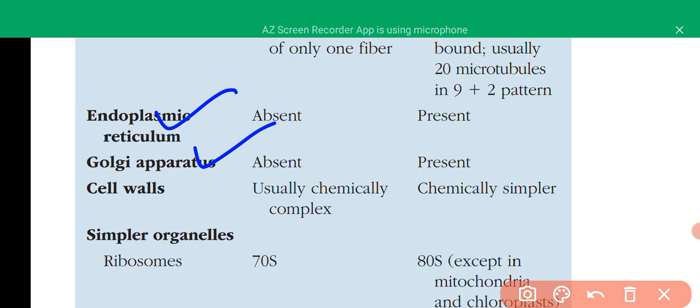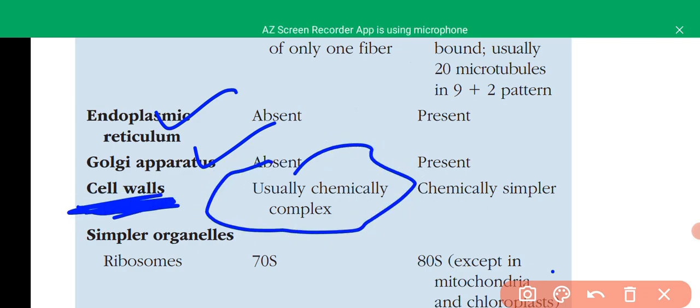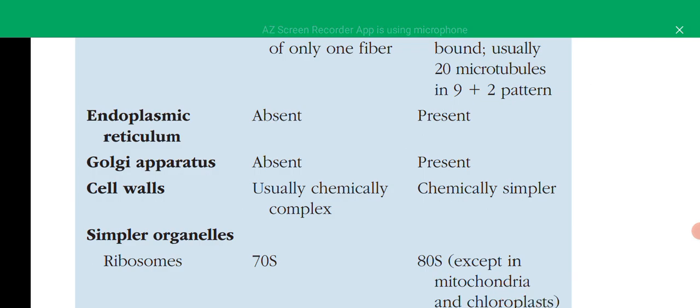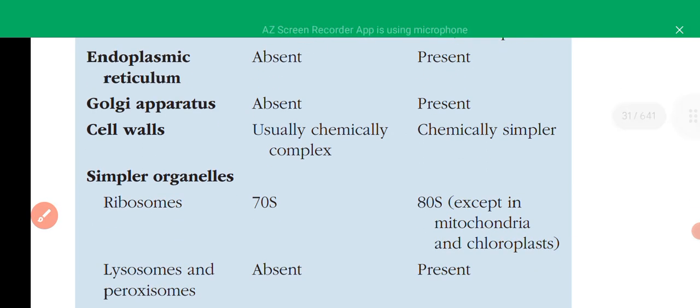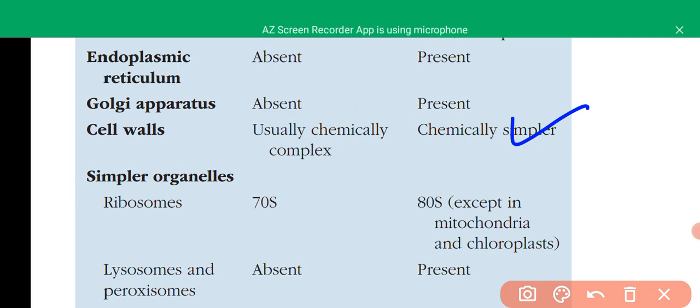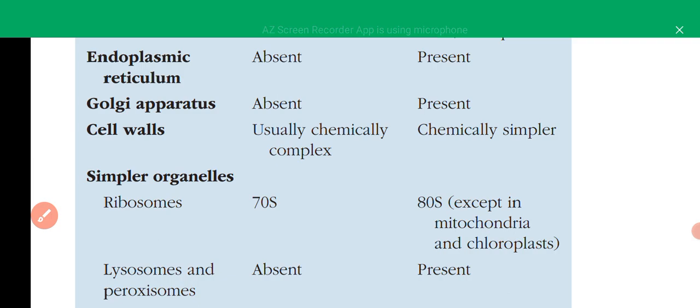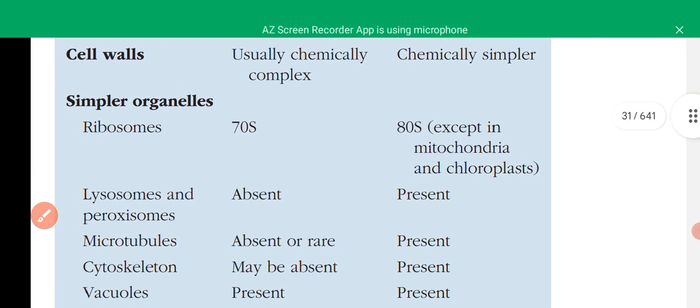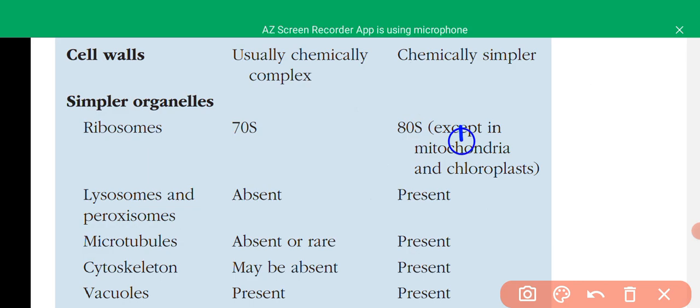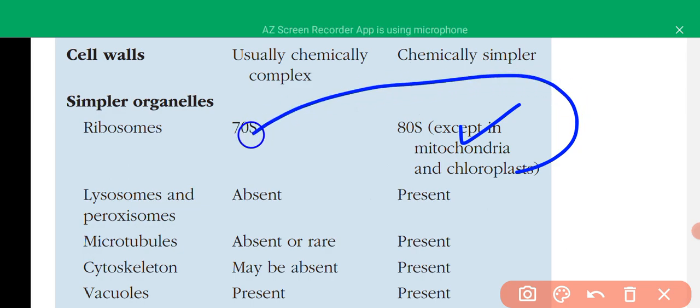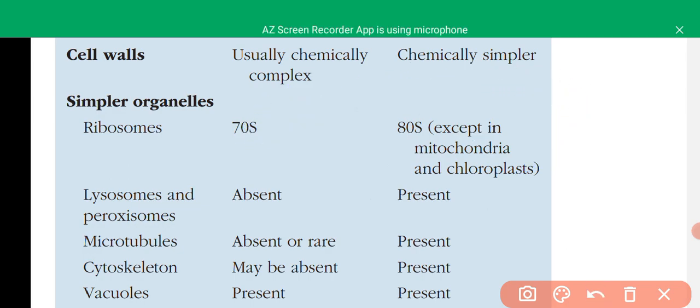Cell wall is usually chemically more complex in prokaryotes. The most important feature of prokaryotes is that they have peptidoglycans and murein in a very complex cell wall, chemically simpler in eukaryotes. The ribosomes are also smaller in prokaryotes, 70S ribosomes, and 80S ribosomes in eukaryotes, but mitochondria and chloroplasts are like prokaryotes, and these have 70S. S is the Svedberg unit for ultracentrifugation.